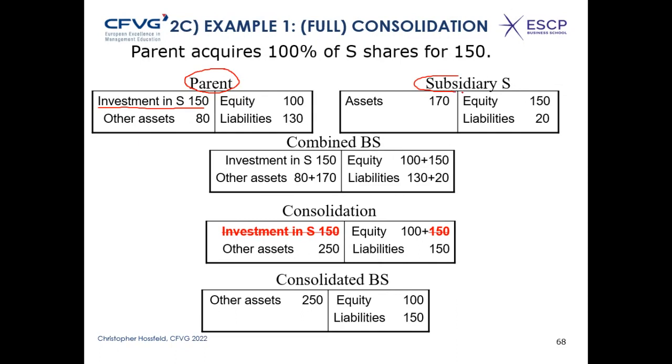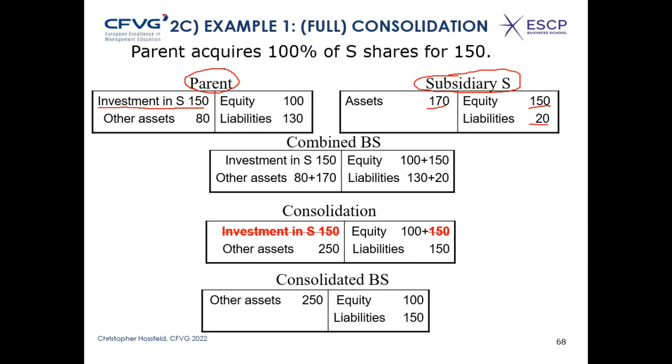Here I have the individual balance sheet of the subsidiary, which is in Vietnam, okay, in IFRS, in euro, same currency, and I see the assets, equity, and liabilities as given after individual accounting, but based on IFRS.